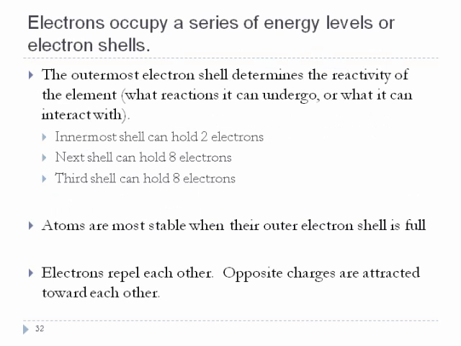Now, this slide, I started off with this sentence. The outermost electron shell determines the reactivity of the element, or what reactions it can undergo. Because the atom is trying to make itself stable, it's trying to fill up its outer electron shell.